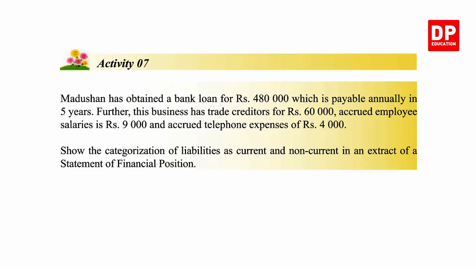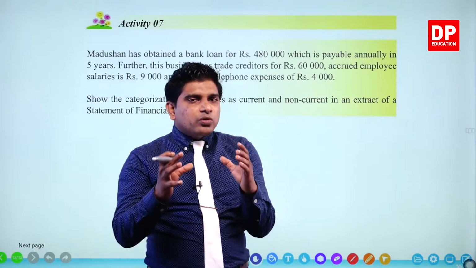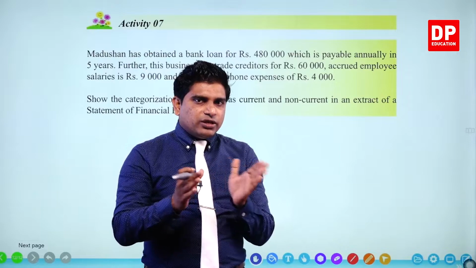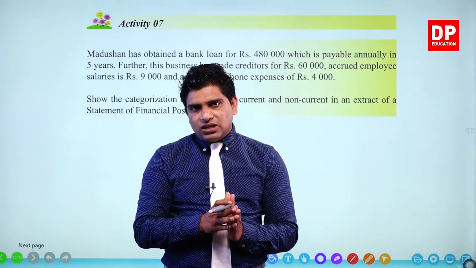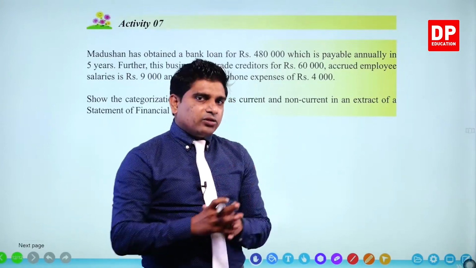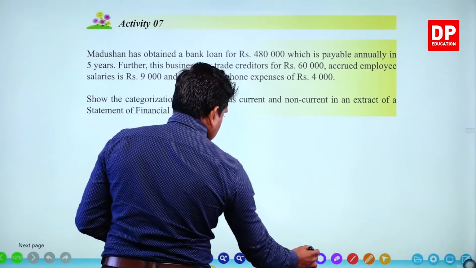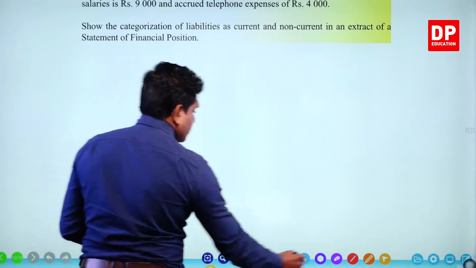Show the categorization of liabilities as current and non-current in an extract of the statement of financial position. Extract of the statement of financial position means how to enter these details in the statement of financial position. Here they don't actually expect the full format of the statement of financial position, only the area where you can record these. Now here I use some columns, right?